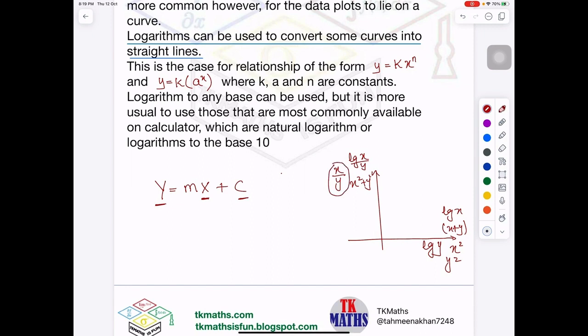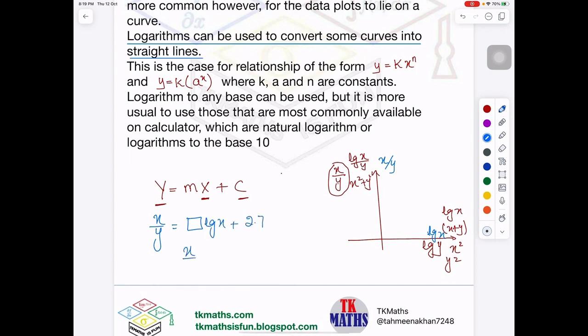For example, I have here x over y and I have here log x. It means here I will have x over y, m will be some number, and here I will have log x, and this will be some number, for example 2.7.